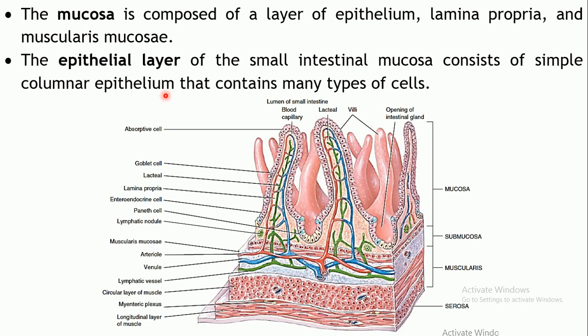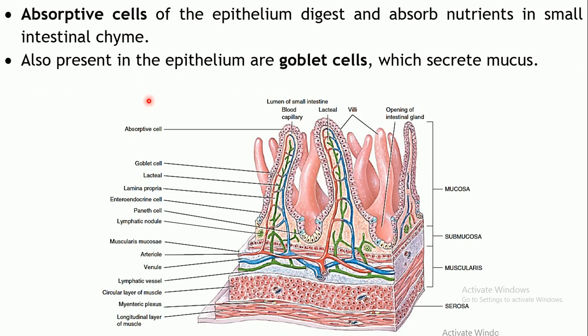So accordingly, the different types of epithelial cells will be present at different places. Now in the small intestine, this epithelial layer comprises of simple columnar epithelium, which comprises of many types of cells. There are different types of cells which are present.